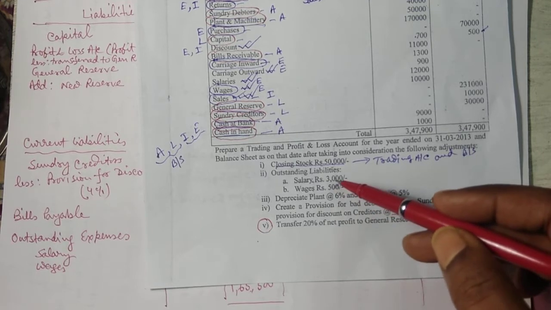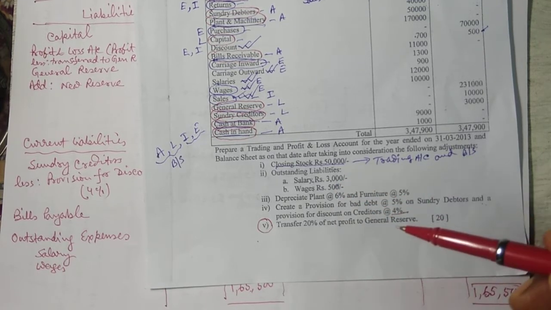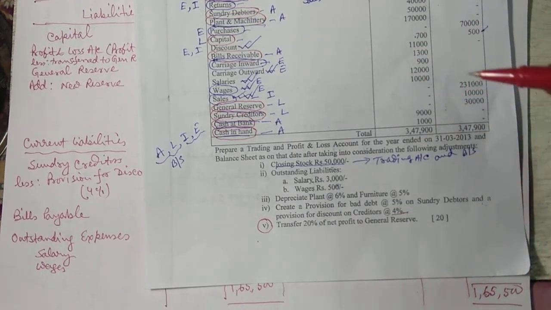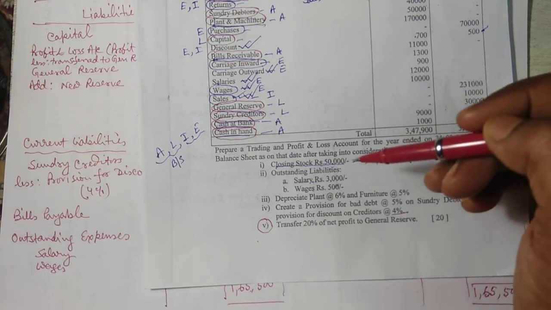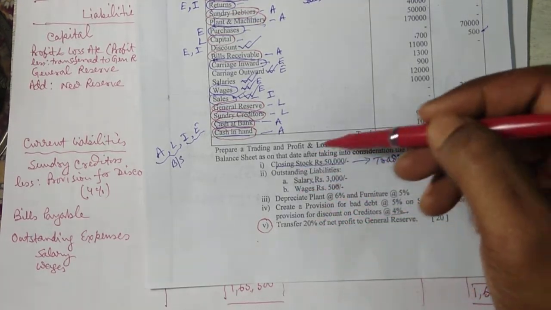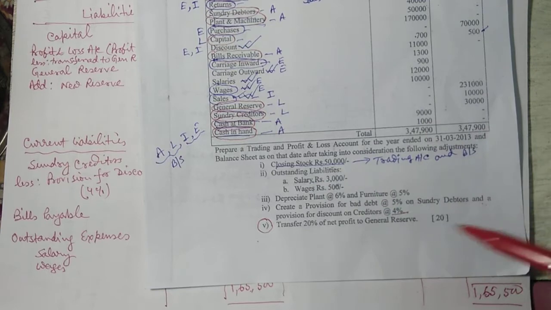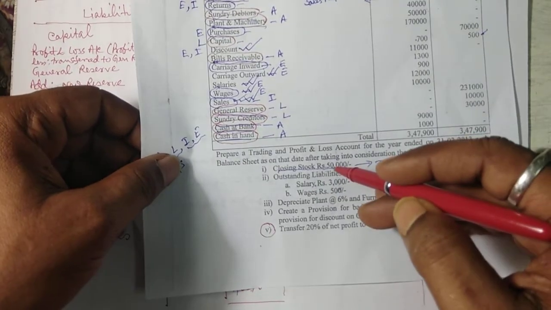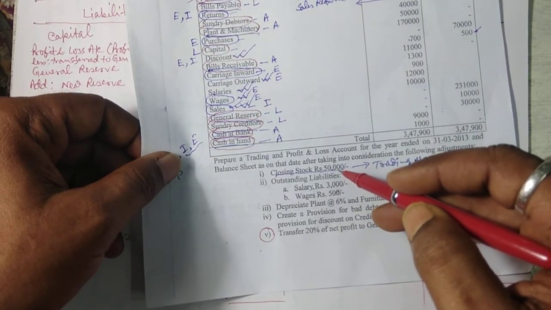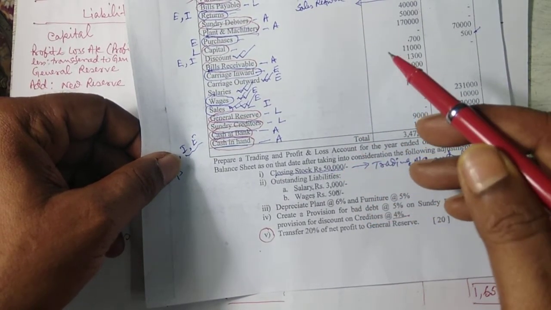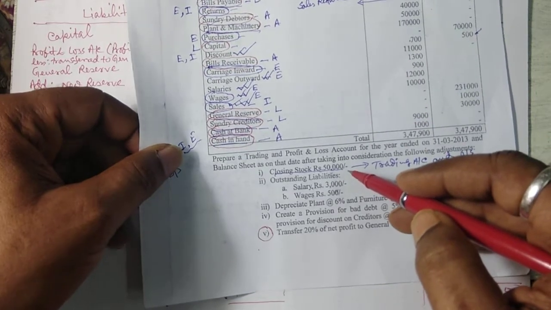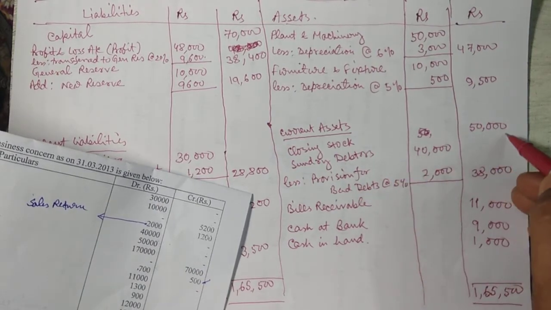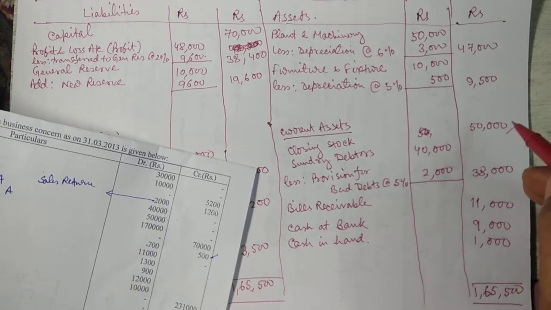For example, 3,000 should be considered twice. While we consider the items in the trial balance, we should consider only once. But under additional information, we have to consider twice. For example, closing stock: we have considered it in trading account once, 50,000, and further in the balance sheet, closing stock 50,000. So we have considered these items twice.